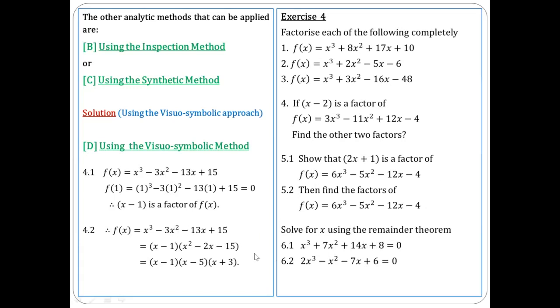But you will find that a person who applies the visual symbolic method will quickly get solutions to this exercise. Whereas the other learner who uses the other analytic methods will take longer, because the visual symbolic method has always got a shorter number of steps to get the solution. And so that will be that exercise.